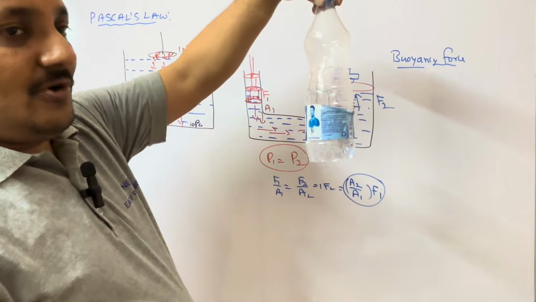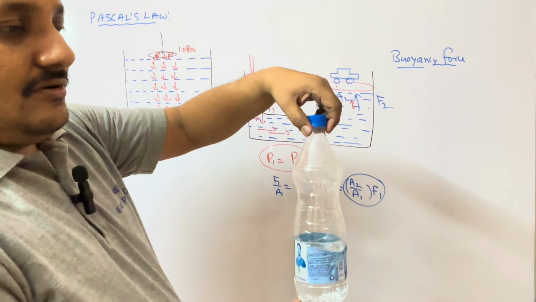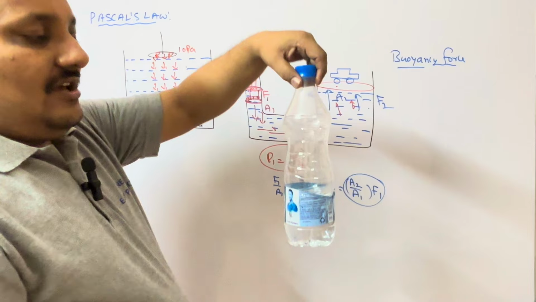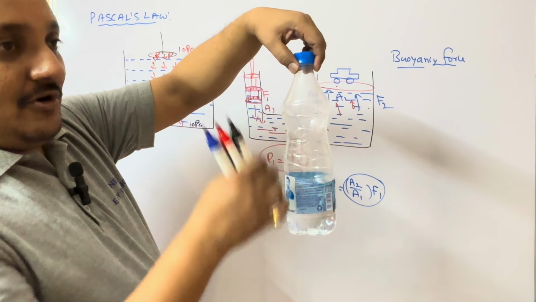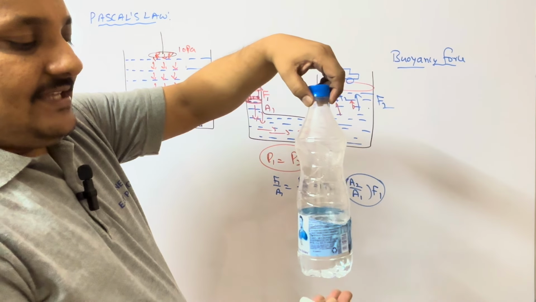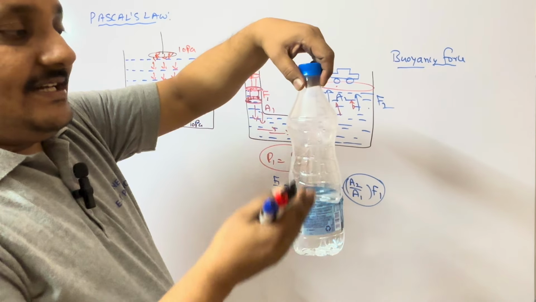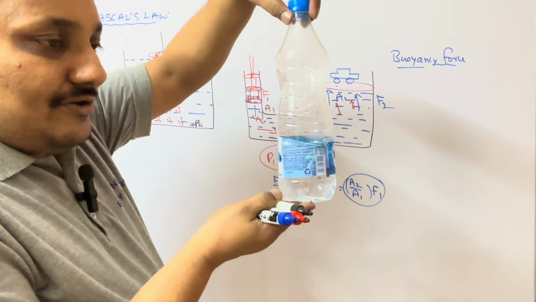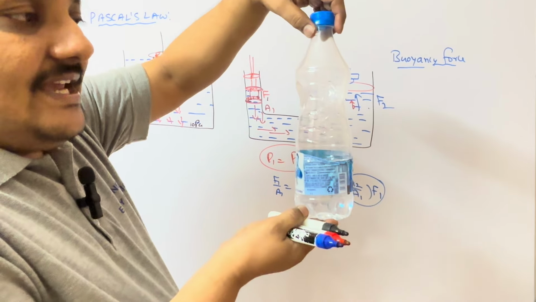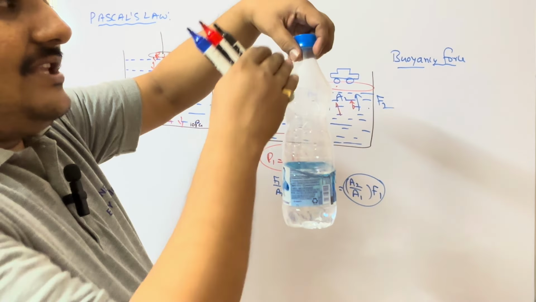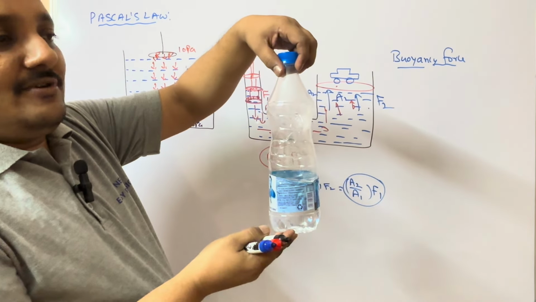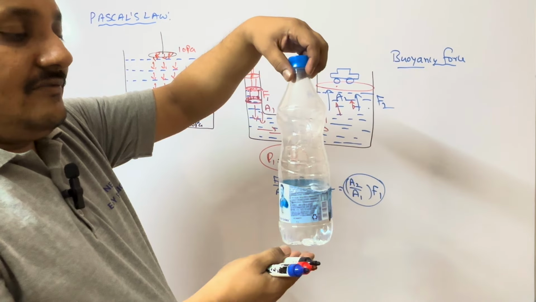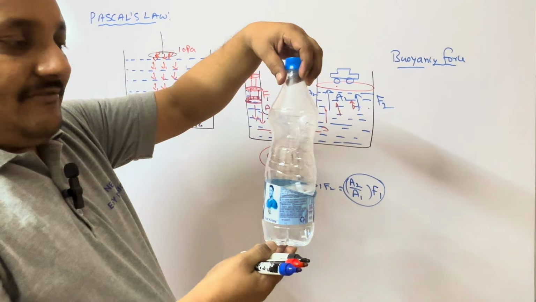But if you take this water bottle inside the liquid, say in a bucket or beaker, you will feel the weight is a bit less. Why? Because the liquid applies some amount of force in the upward direction. Then only you feel it is a little bit weightless.